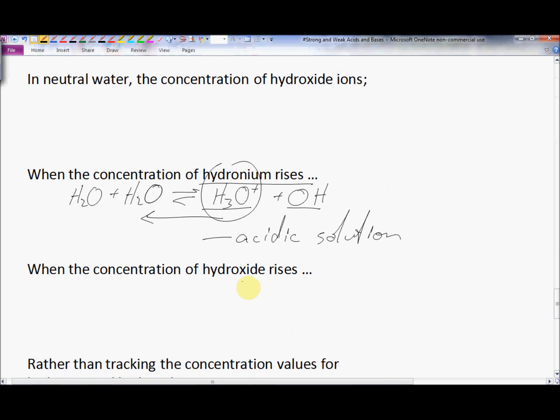When the concentration of hydroxide rises, of course you're going to end up with a basic solution. Some of those hydroxide ions are going to react with the hydronium and you'll end up with more water, but still you'll have an overall basic solution because of an abundance of hydroxide ions.